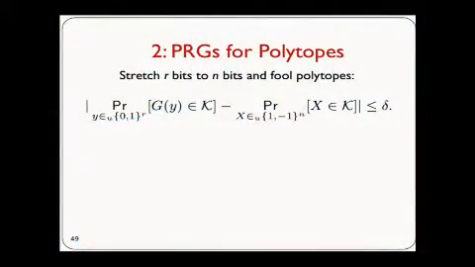The second application is to construct pseudorandom generators for polytopes. Here we want a generator G as before, which stretches r bits to n bits, so that the probability that the output of the generator lies inside the polytope is close to the probability that a random point lies inside the polytope. The difference we want is that it should be at most delta.